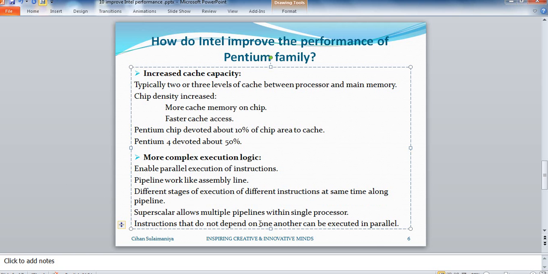Instructions that do not depend on one another can be executed in parallel. As long as they do not interfere, it will be parallel. If there is interference between two tasks, that's a problem.